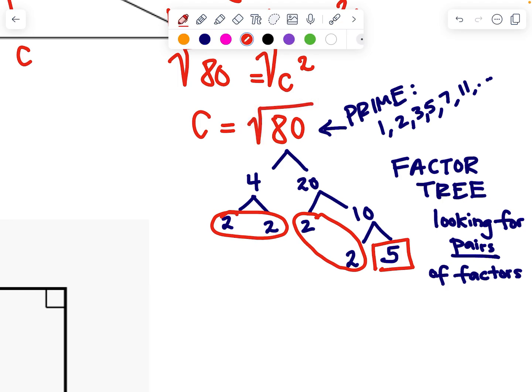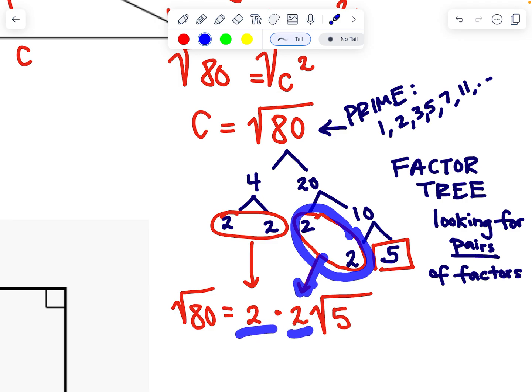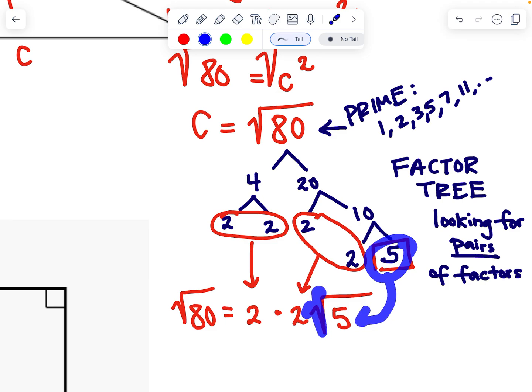And so, the square root of 80 becomes 2 times 2 times the square root of 5. When I have a pair, one of them gets to escape. When I have a singleton, the singleton is stuck underneath the radical. It does not get to escape.